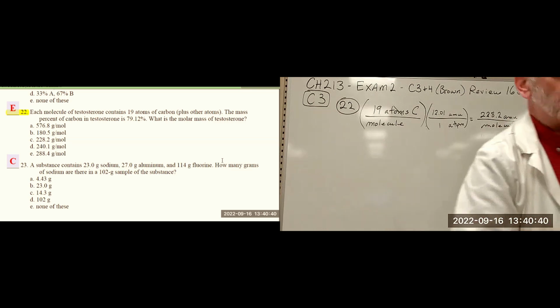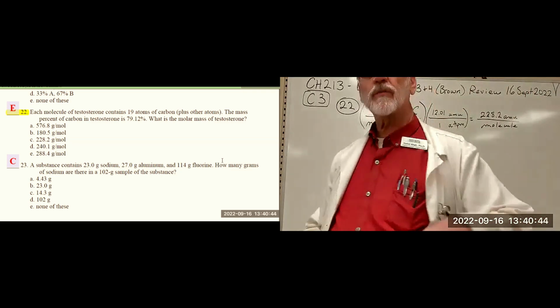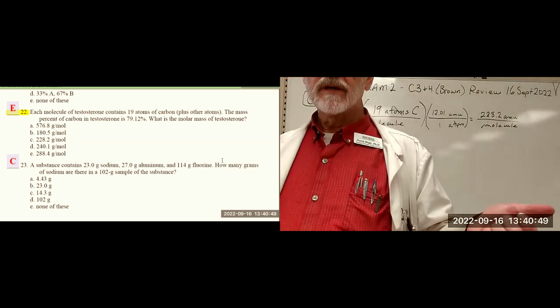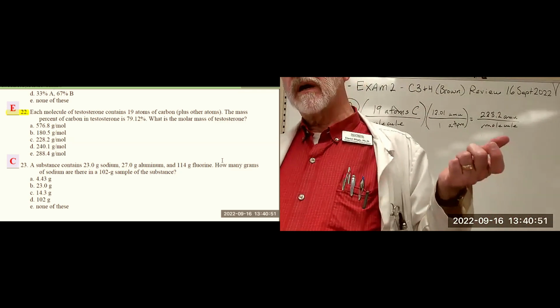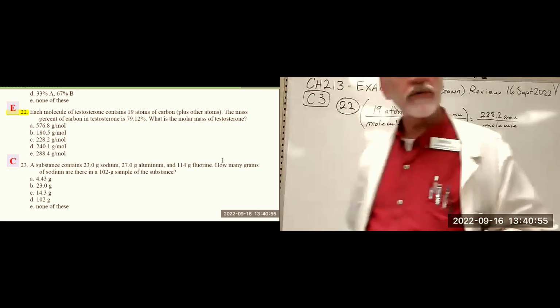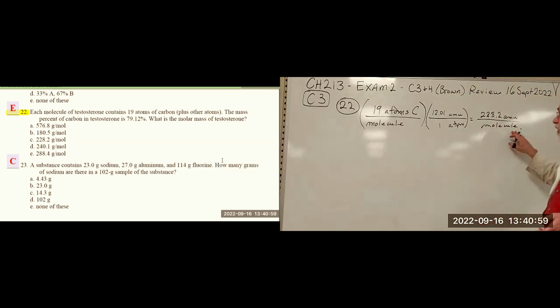Okay, one thing we learned about the periodic table is those average atomic masses could be interpreted as either atomic mass unit per atom or grams per mole. Well, you can do the same thing for molecules, atomic mass units for molecules, or grams per mole of those molecules.